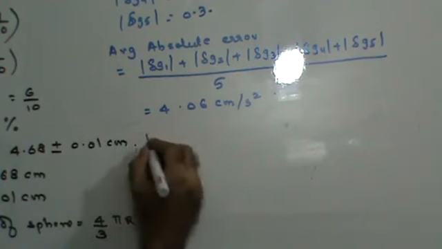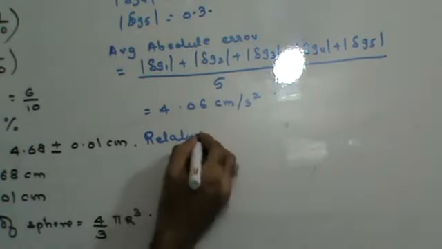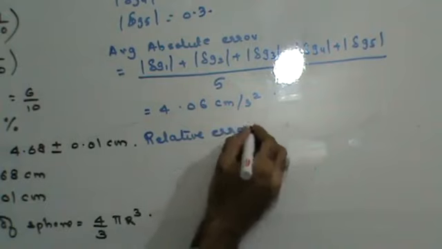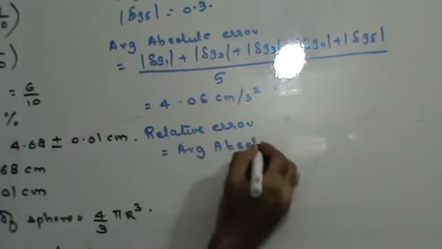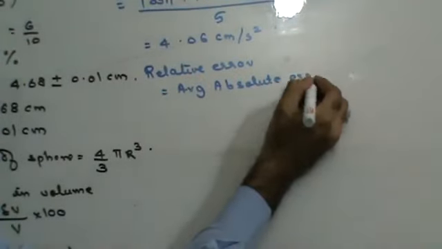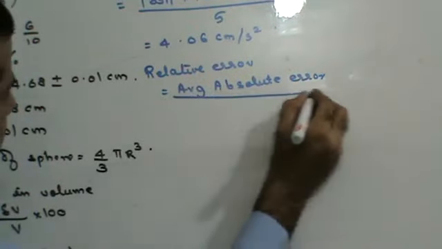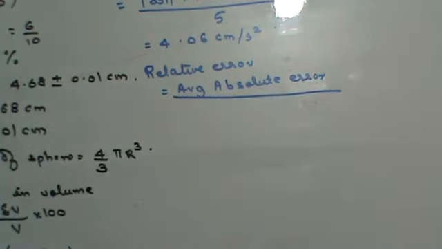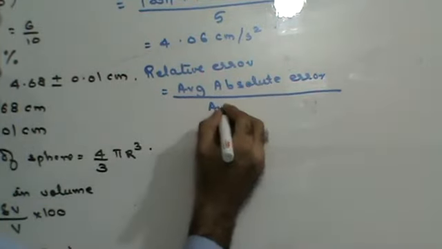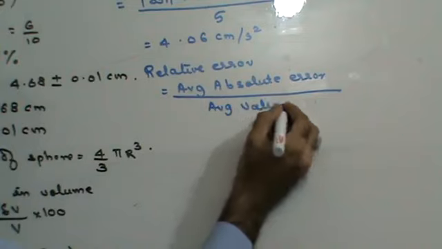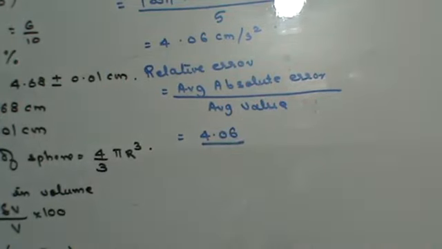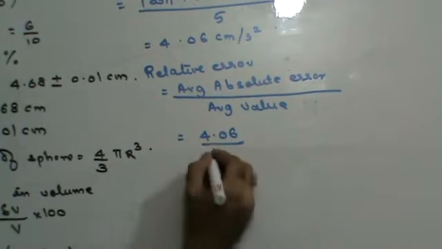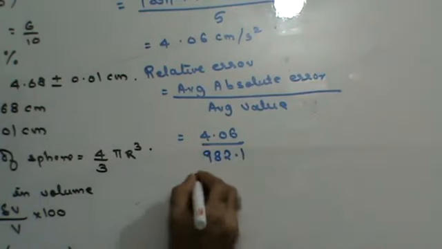Once you have this, you can find the relative error. Relative error is average absolute error divided by the average value. Average absolute error is 4.06 divided by the average value you found, 982.1.